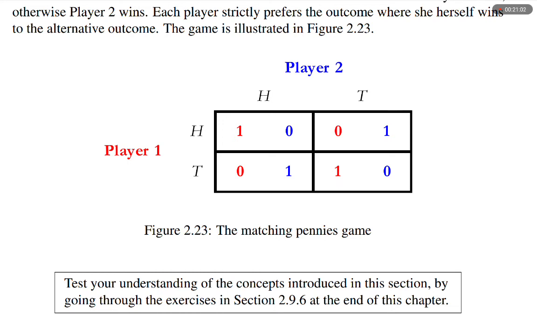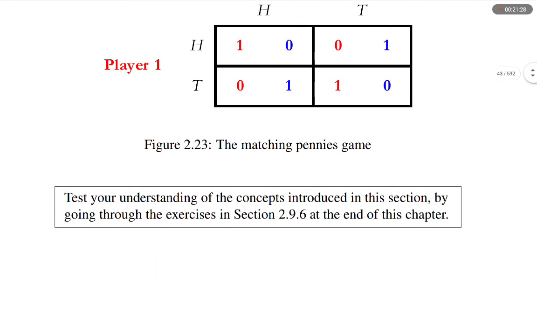Each has the set of strategies H and T. First quadrant 1, 0. Second quadrant 0, 1. Third quadrant 0, 1. And fourth quadrant 1, 0.